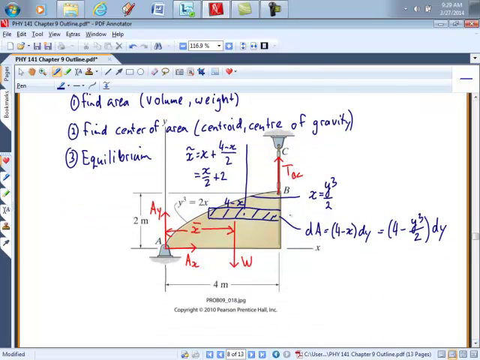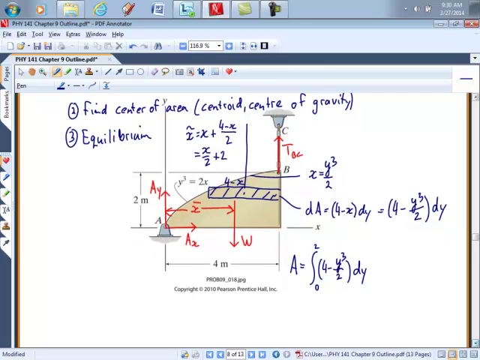Alright, so to find the whole area, we're going to integrate that between y equals 0 and y equals 2. Fortunately, we got a nice polynomial function, so we can integrate that.